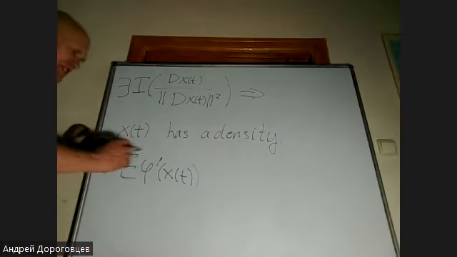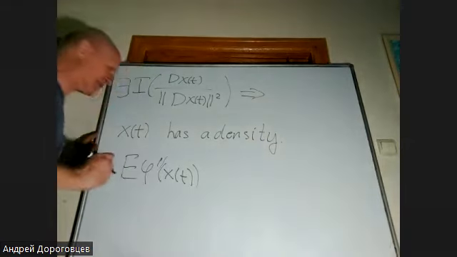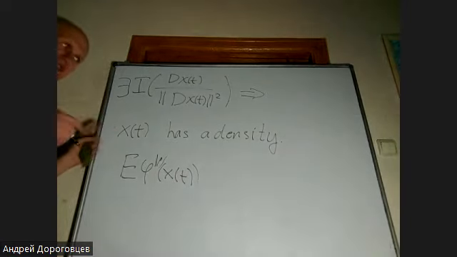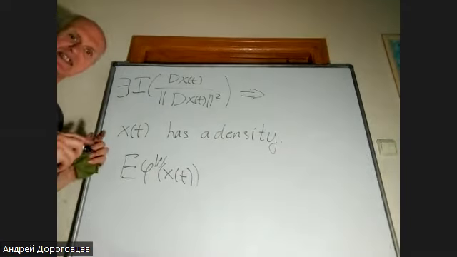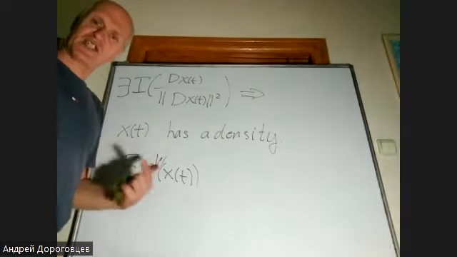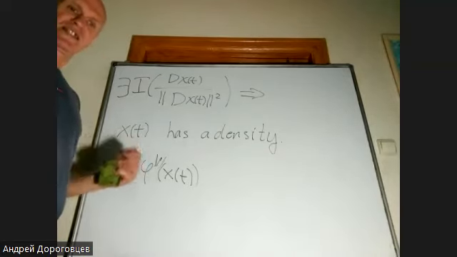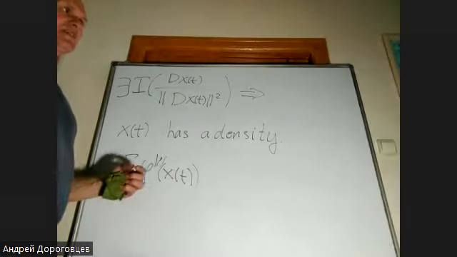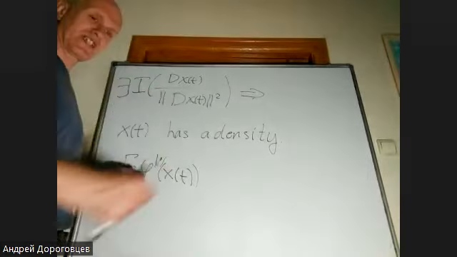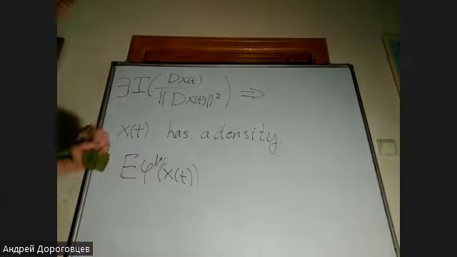Suppose that we can continue this procedure for a moment. Suppose that we can put here the second or third derivative and get the same estimation. Then it looks like our density becomes a differentiable function. And it is true. We can do this exactly in the same manner, but with more complicated calculations. Only complicated calculations, the idea is already done.